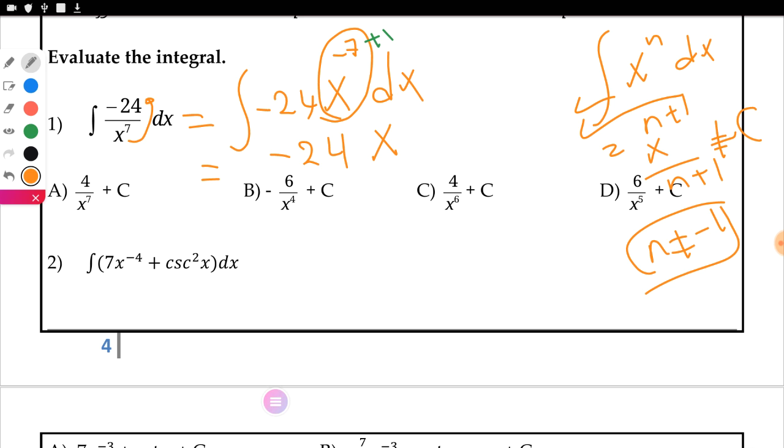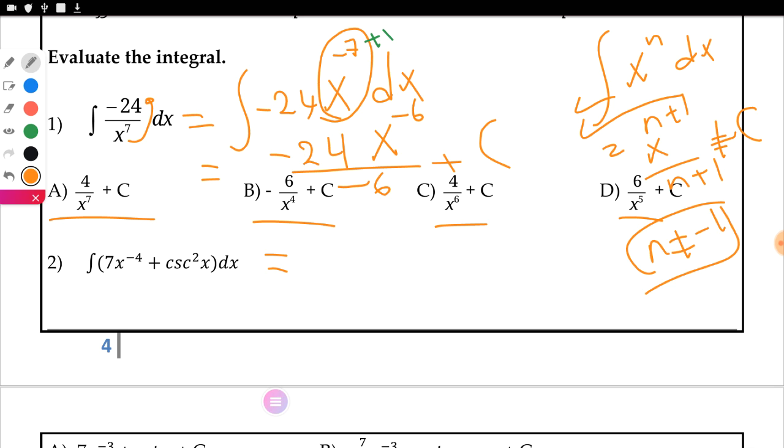In this case, it will be x to the power negative 6 over negative 6. I add 1 to the exponent, it will be negative 6, and divide by the new one, plus c. You have to write the result in the simplest form, because all of the given choices are in the simplest form, so I have to write the result in the form given in the choices.